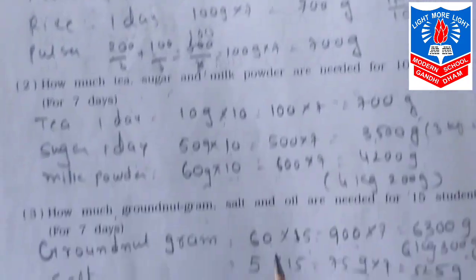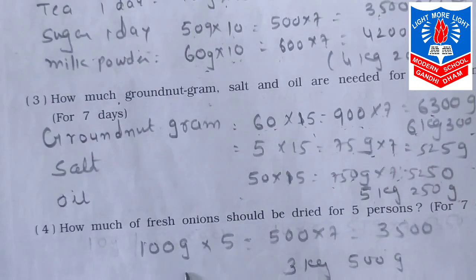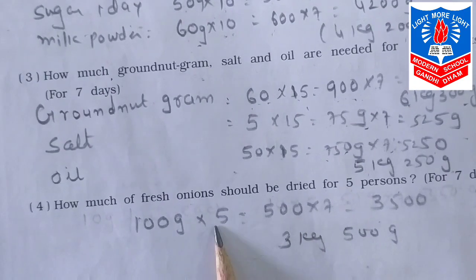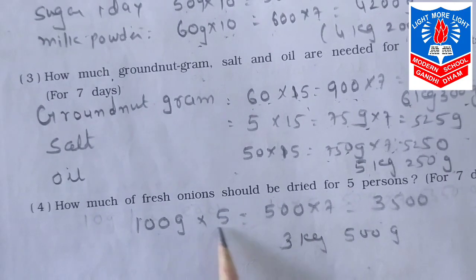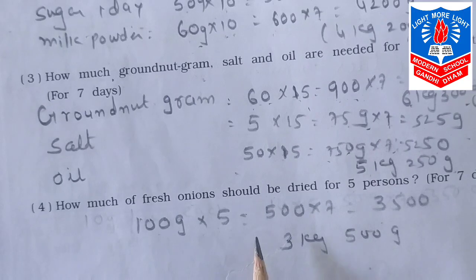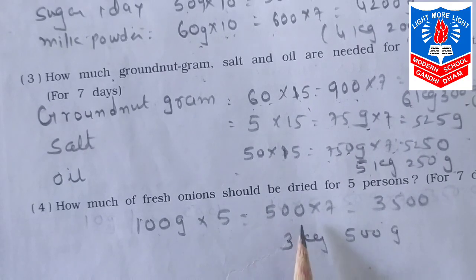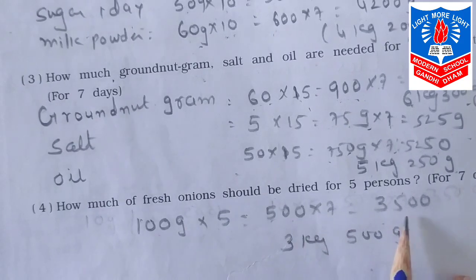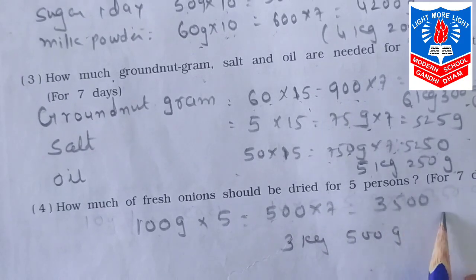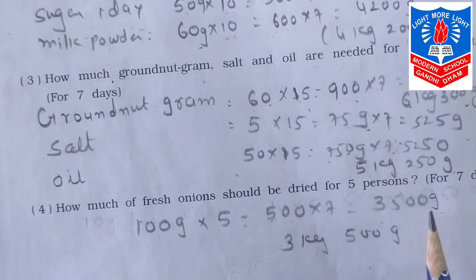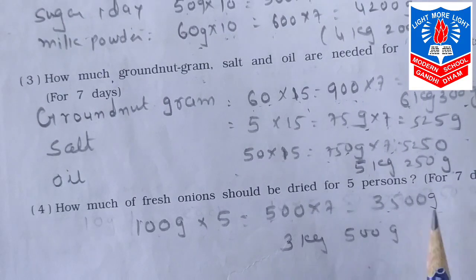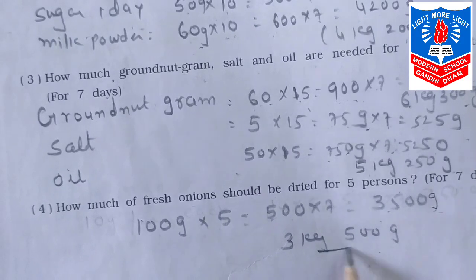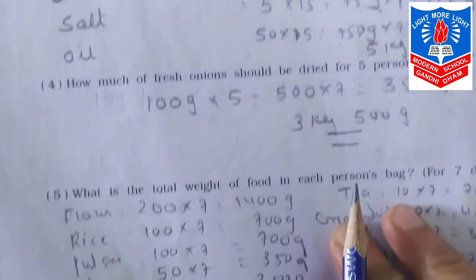Okay, so 100 gram for each student. So 5 students how much? So 5 into 100 is equal to 500 and it's for 1 day. So 7 days how much? 7 5s are 35. So 3500 gram. We convert into kg, it means 3 kg and 500 gram, that is our answer.